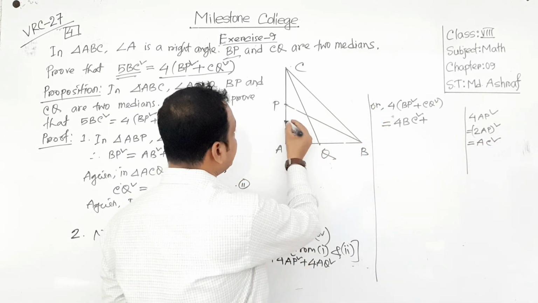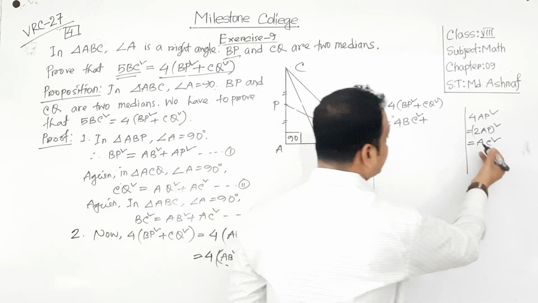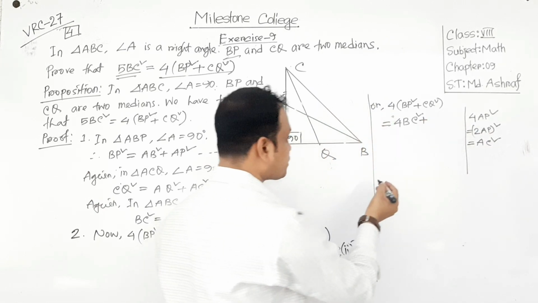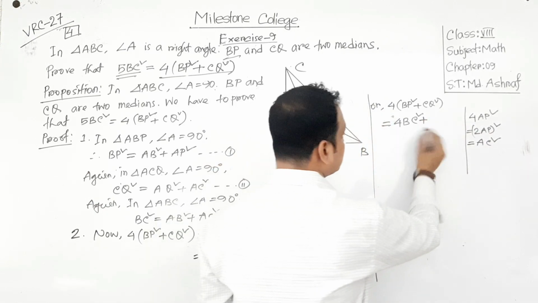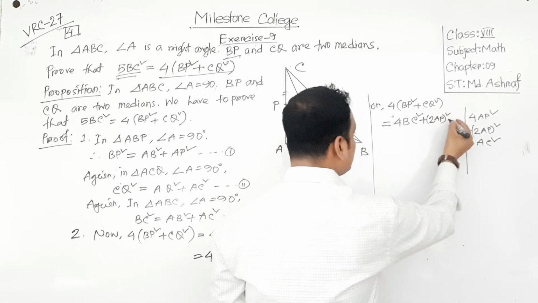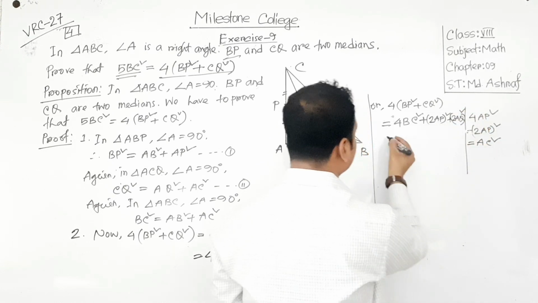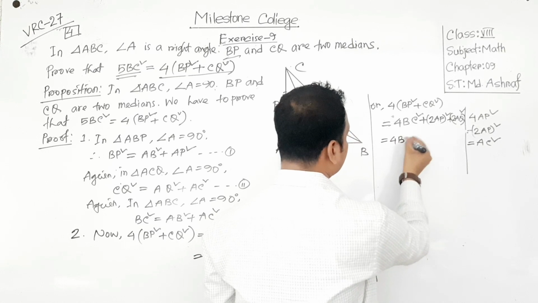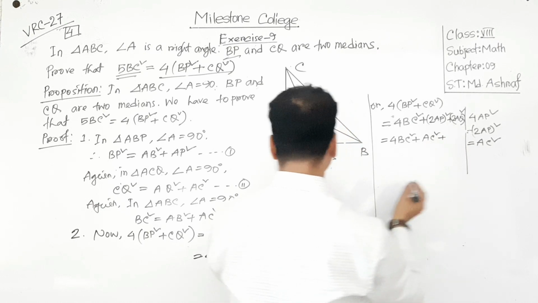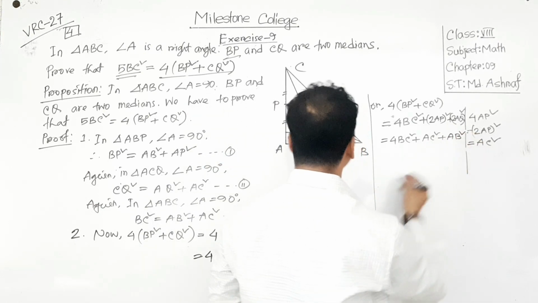How it will be? AP and CP will be equal. So, we can write 2 AP square equals AC square. So, we will write 4 AP square equals 2 AP whole square plus 2 AQ whole square. So, we'll write 4 BC square plus AC square plus 2 AQ, that means AB square.